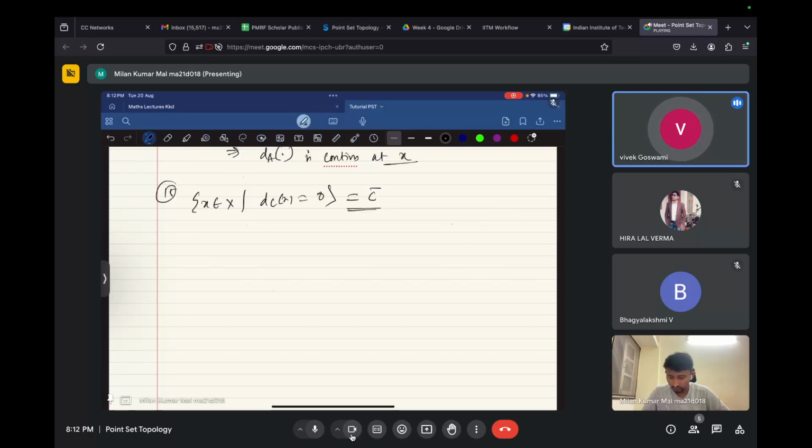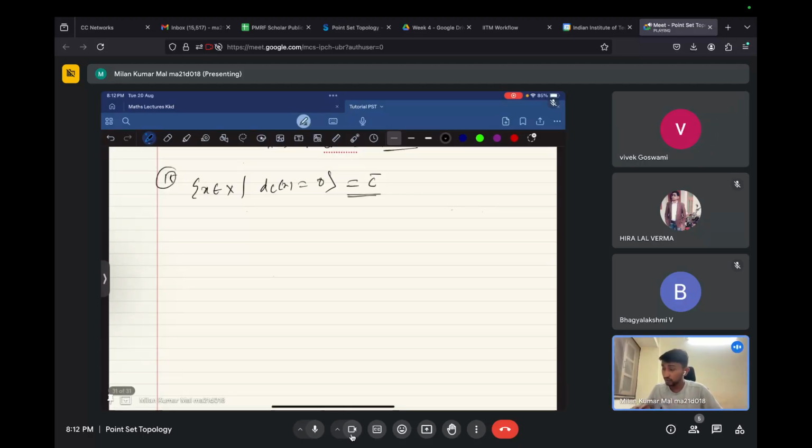The sequence will converge to zero eventually, so distance of y from C will converge to zero. So y will be in the closure of C, and y will belong to C eventually. Yeah, but y is also in C, so that will be closure actually. Okay, let me write it shortly, if I'm not making any mistake. Just 1 minute.